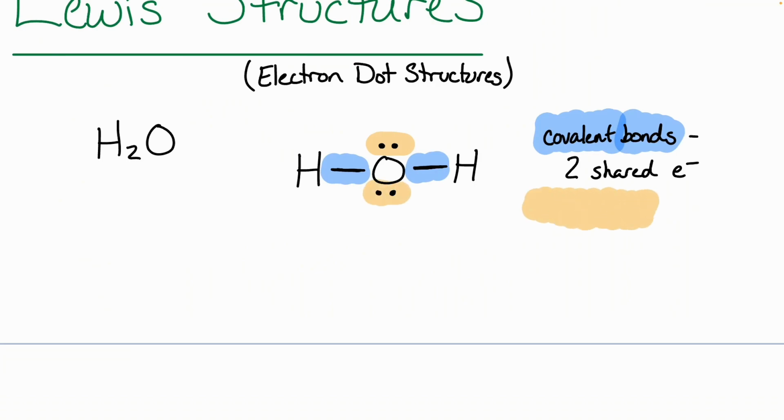You'll always see these dots in pairs. These are what are called lone pairs, or non-bonding electrons. These are electrons that are sitting on that oxygen atom, but they're just chilling there all by themselves. They're not actually participating in chemical bonding with those hydrogen atoms. They're just a pair of electrons sitting on the oxygen.